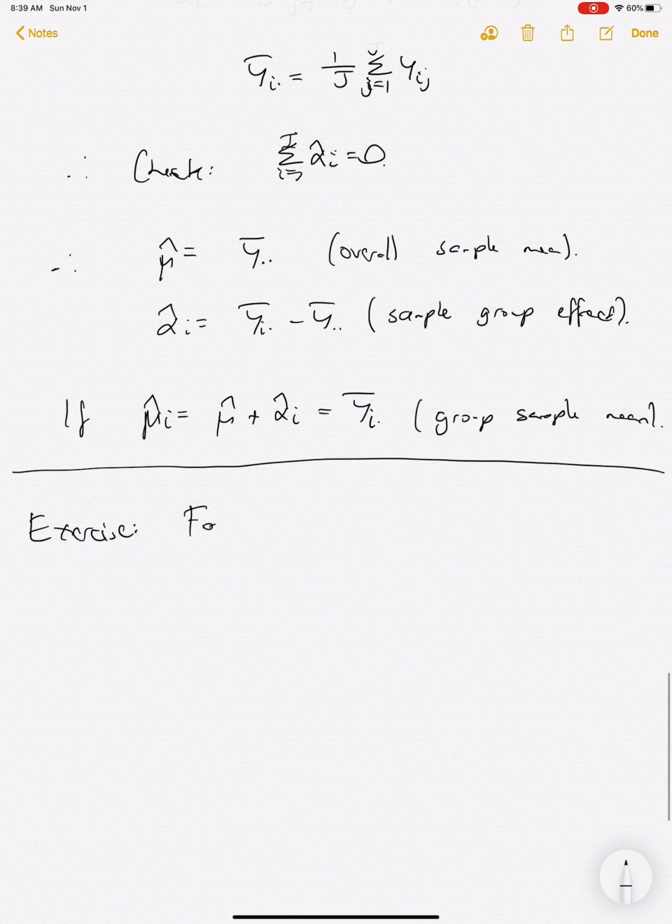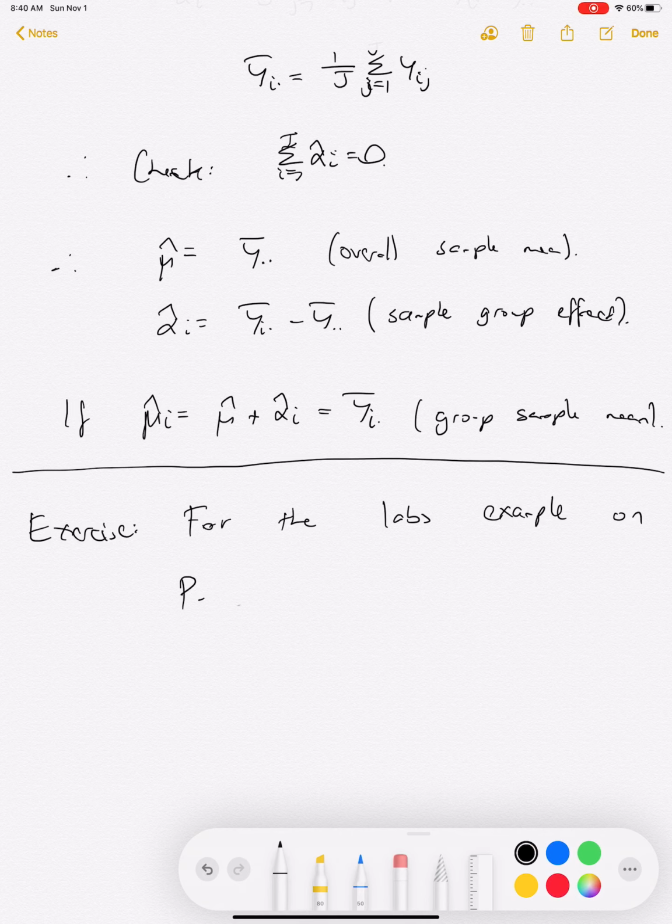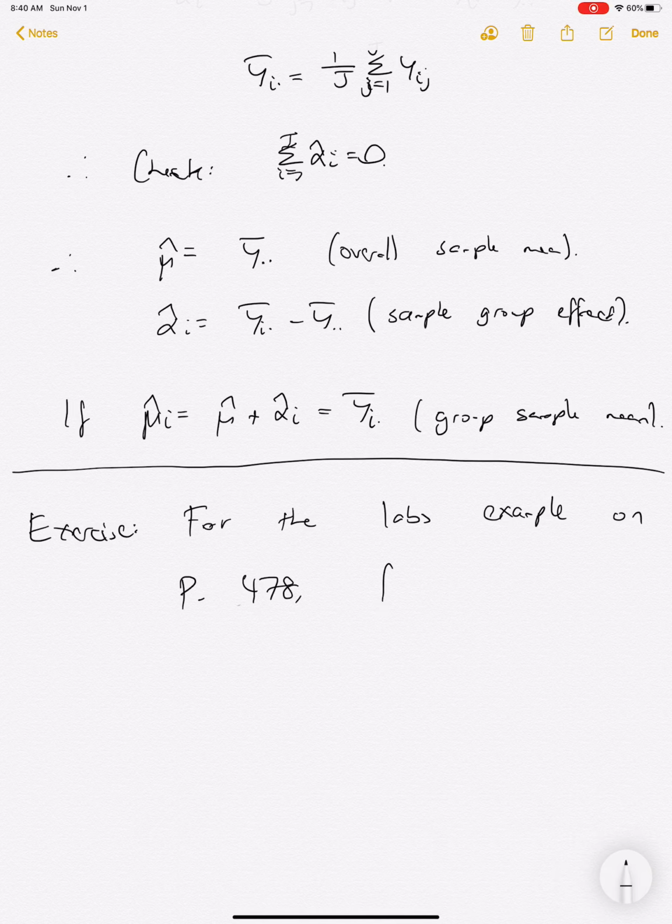for the labs example on page 478, find y bar dot dot, y bar i dot, mu hat and alpha hat i for i equals 1, 2 up to 7.